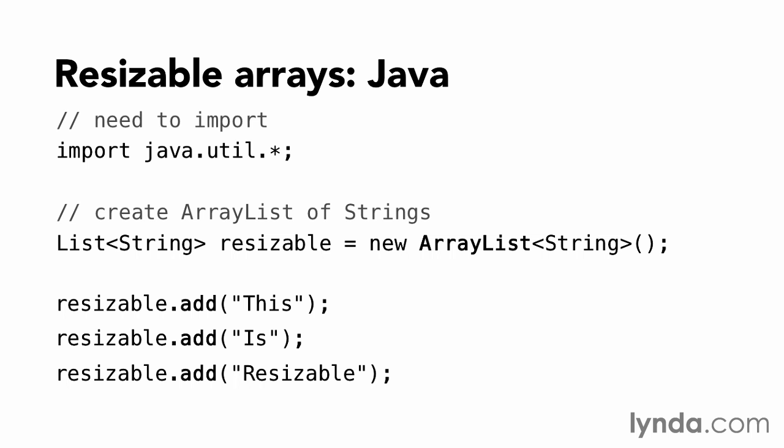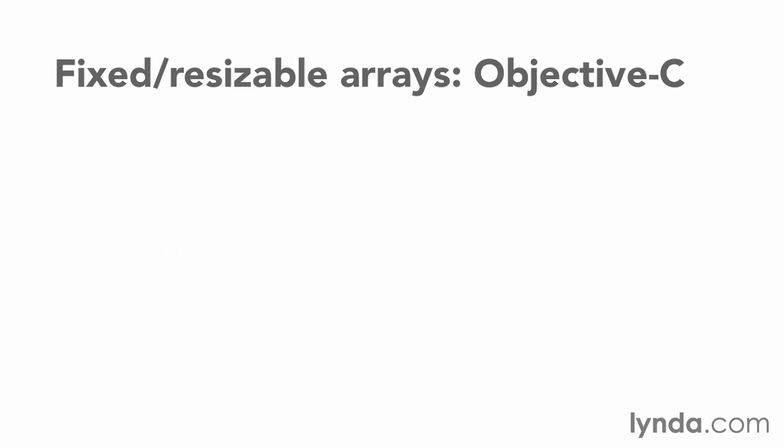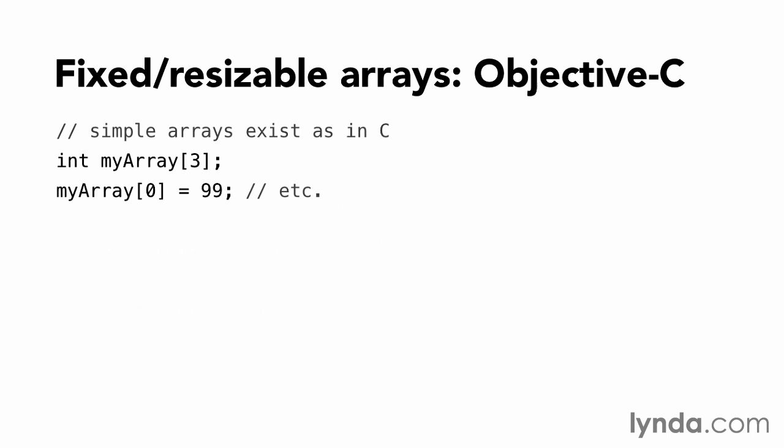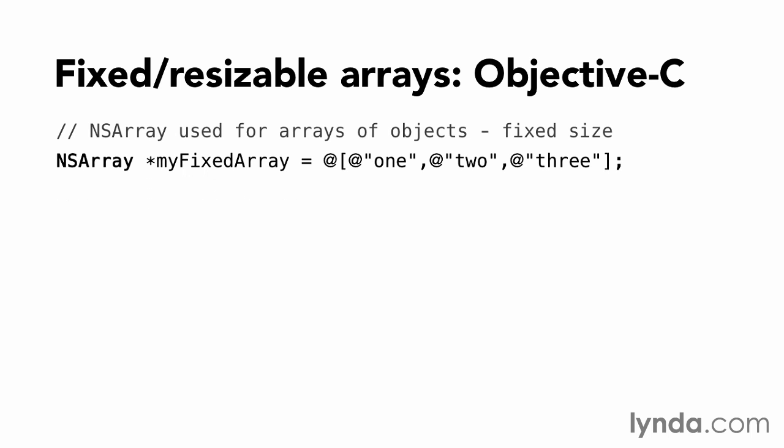As the equivalent example in Objective-C, well, Objective-C is built on top of C, so we do have the standard C-style array, but in day-to-day usage, it's much more common for Objective-C developers to use the class called NSArray for dealing with arrays of objects. Now, if you're new to Objective-C, again, don't worry about the syntax here. This is not the point of this section. I'm simply using the shorthand that creates a fixed size array here of 3 strings.